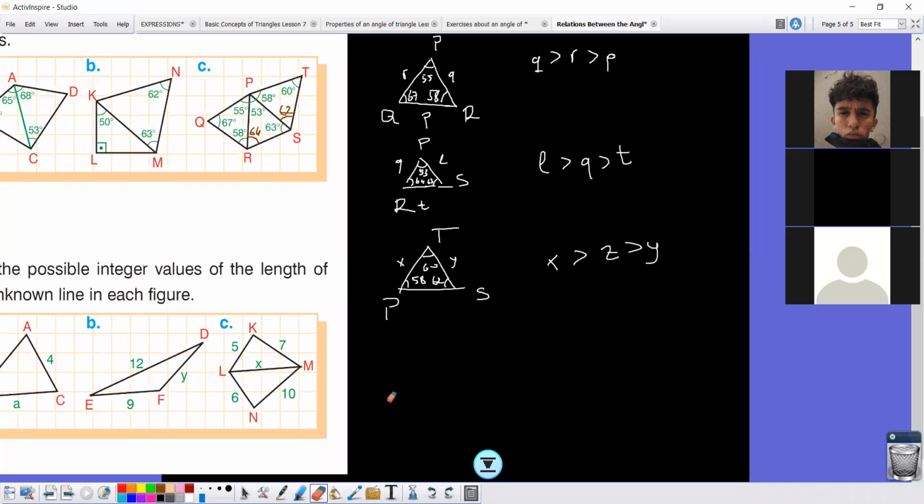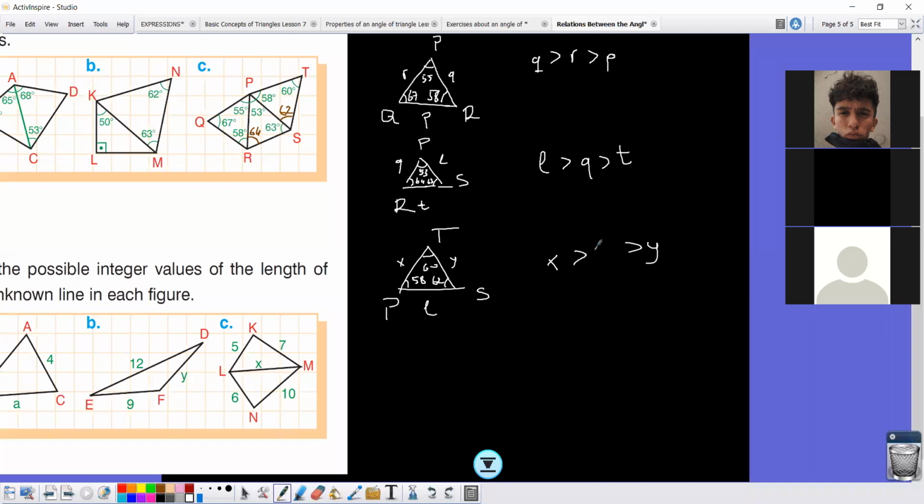Look, Q and S share the same line PR. Because of that, if we said that PR is Q here, also PR here will be Q. So if we said that PS is L here, also here PS will be L, okay? Did you understand?